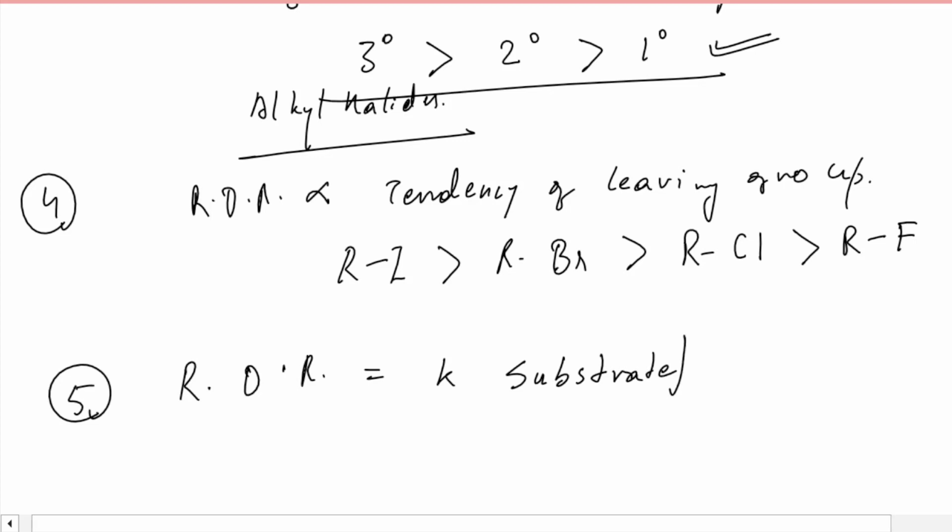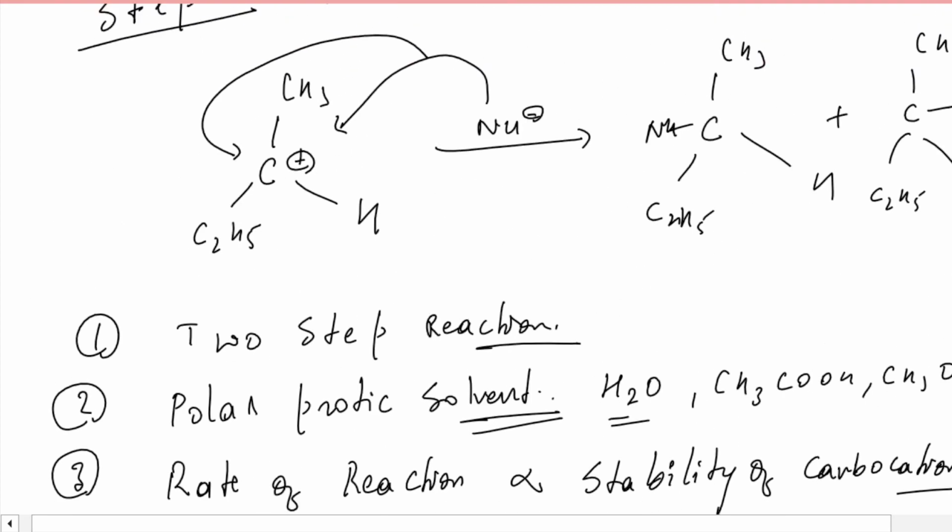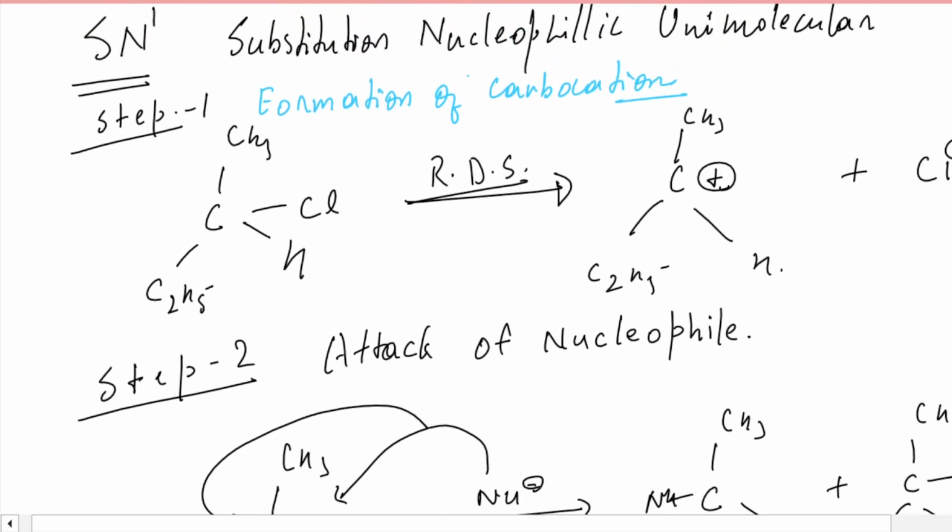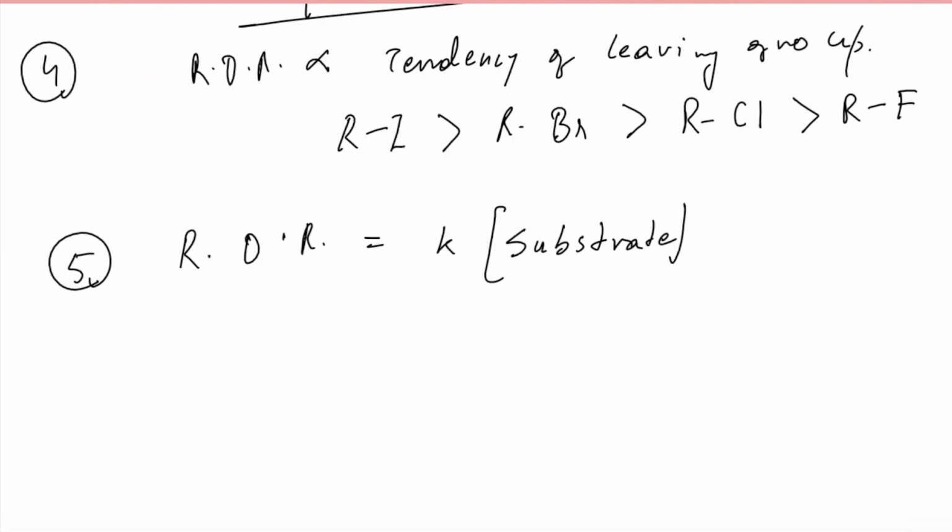It's independent of the concentration of nucleophile because the rate determining step does not have nucleophile in it. Since the rate of the reaction is dependent on the concentration of substrate only, and it is independent of the concentration of nucleophile, this is a first order reaction.